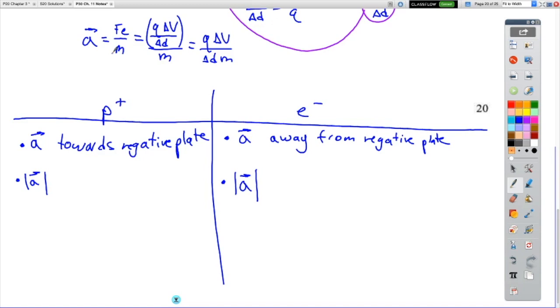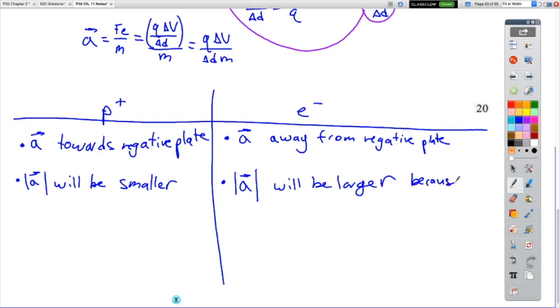So the magnitude of the acceleration will be smaller for the proton because it's got a bigger mass. It's the car, it's not the bike. So the electron is the bike. It will be larger because of its mass.